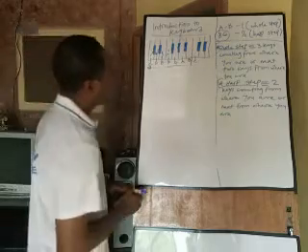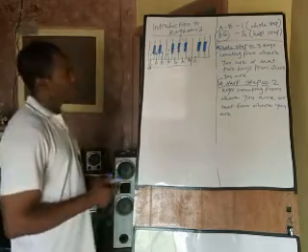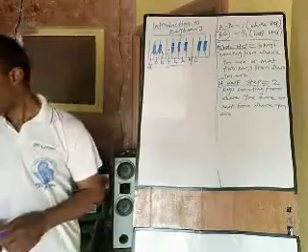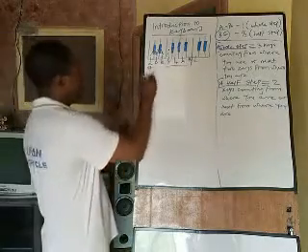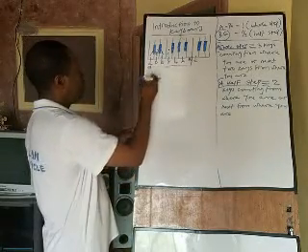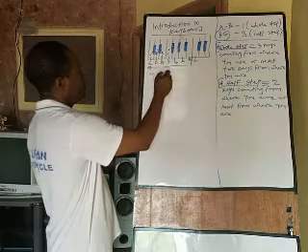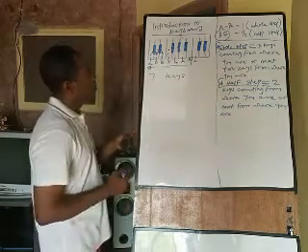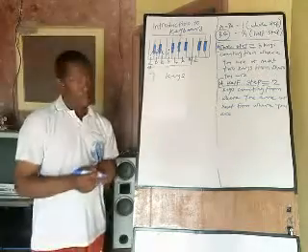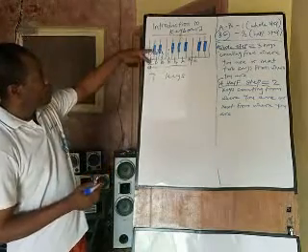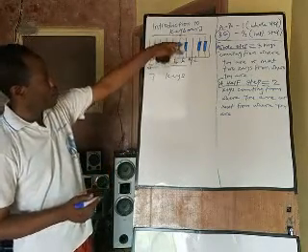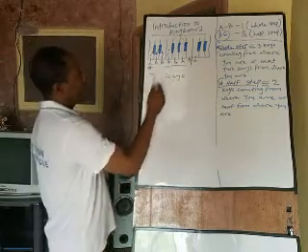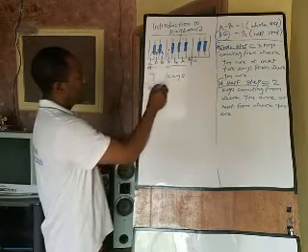Now, the next thing we are going to consider is how many keys we have altogether on the keyboard. We have seven white keys: C, D, E, F, G, A, B. That is A to G, right?